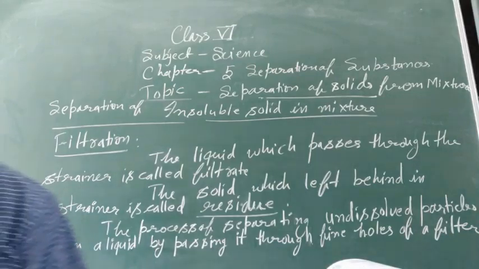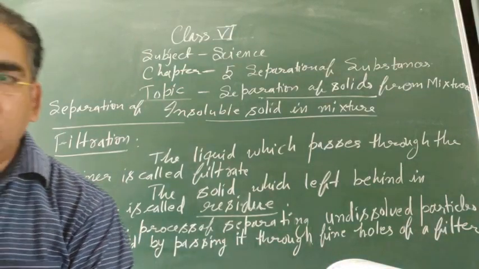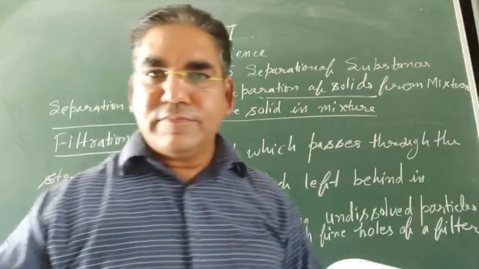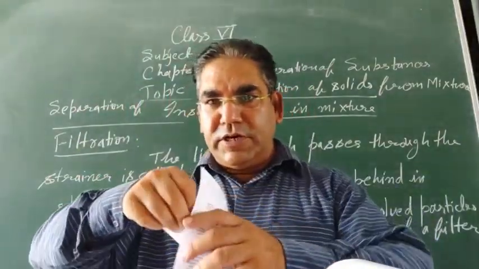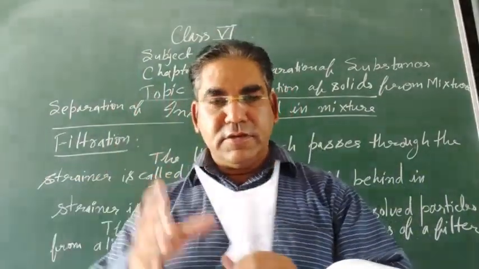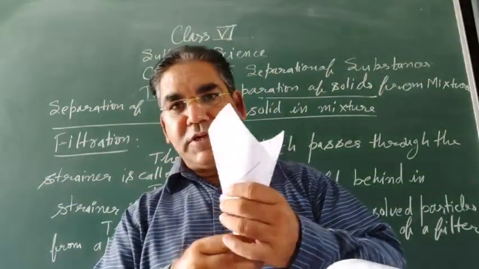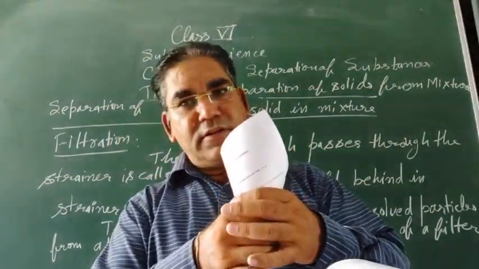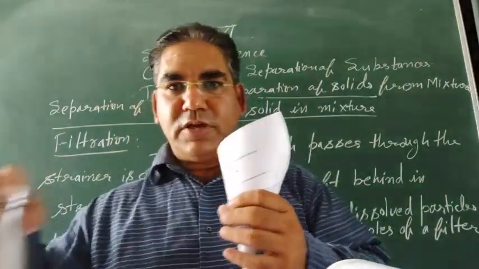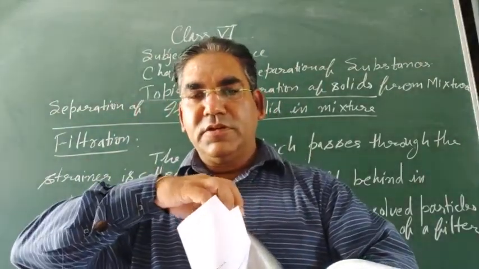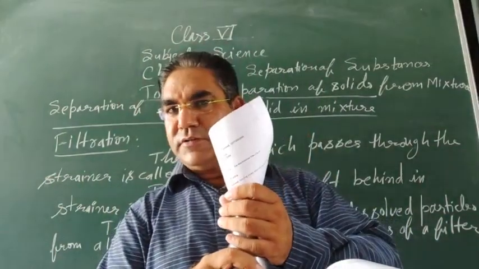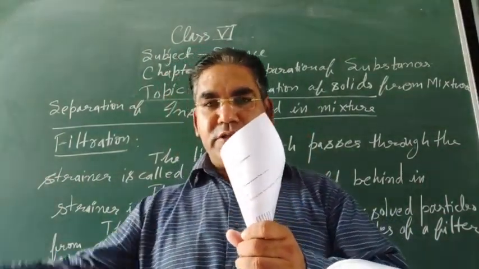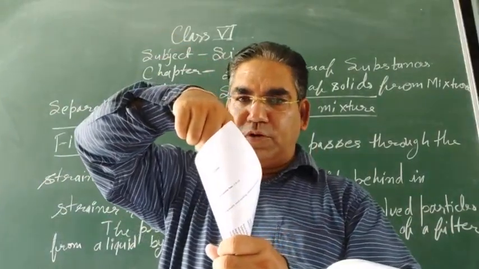we will take a filter paper and fold it. Suppose this is the filter paper. We fold it like this, in this way, and put it into the funnel. Right? We put it into the funnel like this. Now the solution is put over here.